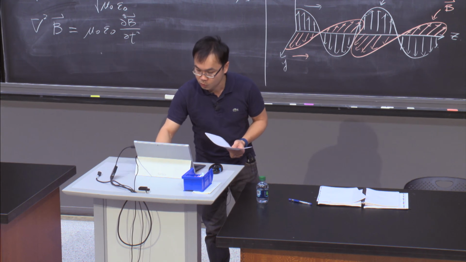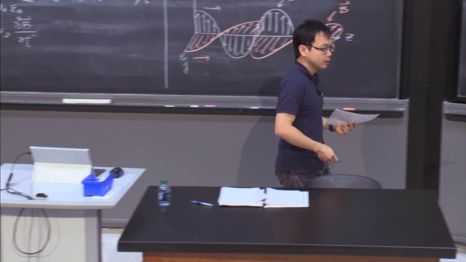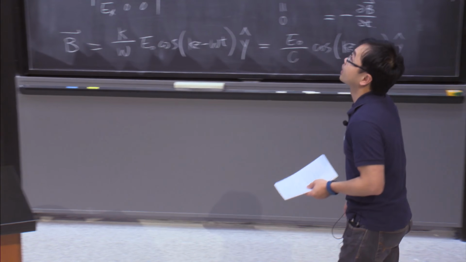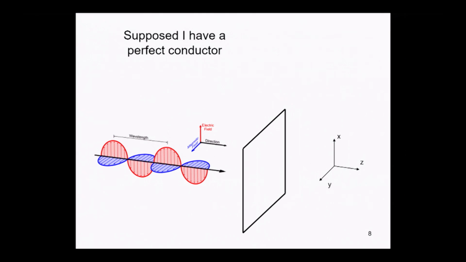So what I'm going to do now, instead of only discussing the plane wave, is add a perfect conductor into the game and see what is going to happen. So what do I mean by a perfect conductor?